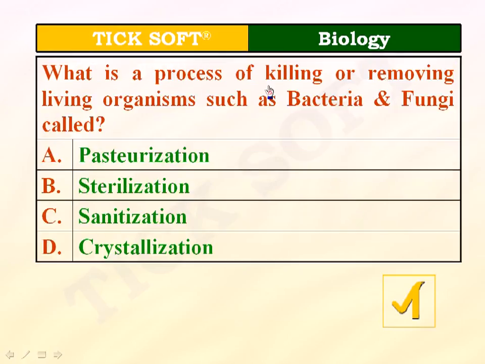What is the process of killing or removing living organisms such as bacteria and fungi called? Options: pasteurization, sterilization, sanitization, crystallization. First option, pasteurization.